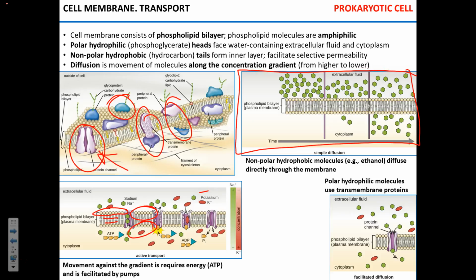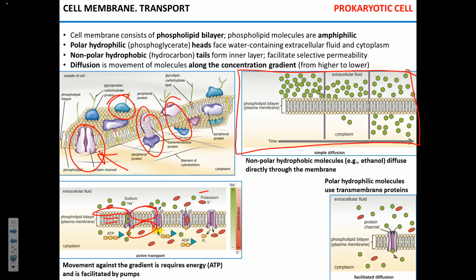Polar or non-polar? Which molecules can diffuse directly across the membrane? Since membrane inside is non-polar. Which molecules? Non-polar, yes. Things like fats, like small organics, like acetone, ethanol. Does that make sense? They can go just directly.